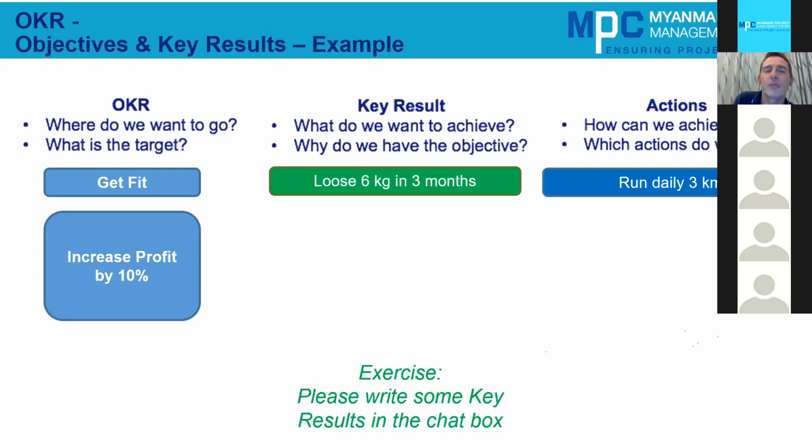I want from you 2 to 3 key results. Please write it on the paper or on your Excel or on your phone. Write down 2 to 3 key results for the objective, increase profit by 10%. And when I say you can put it in the chat box, please put some in the chat box and then we speak about it. Thank you. I give you 5 minutes. If you have any questions for this exercise, just ask in the chat.